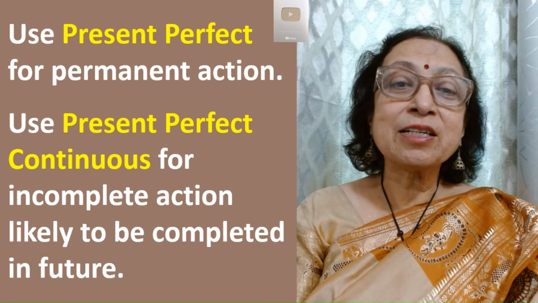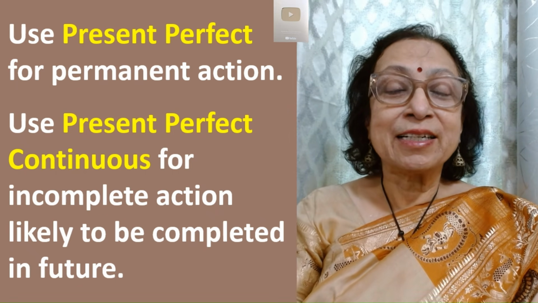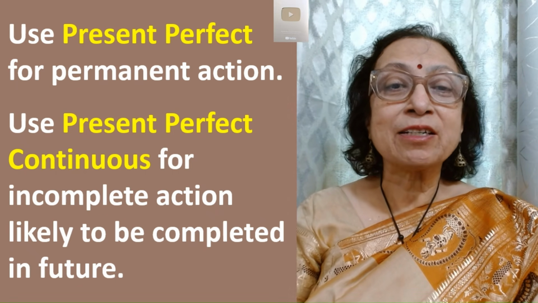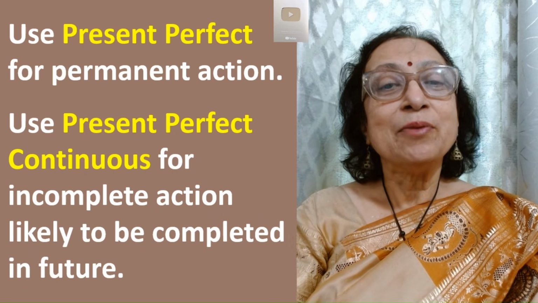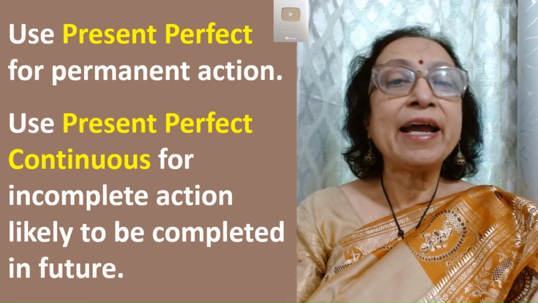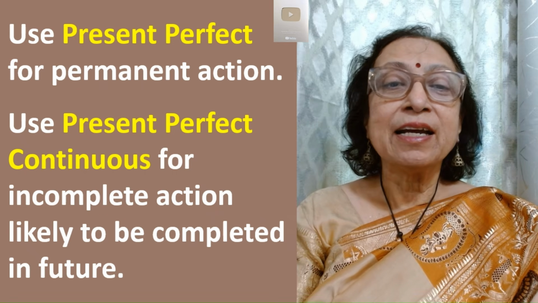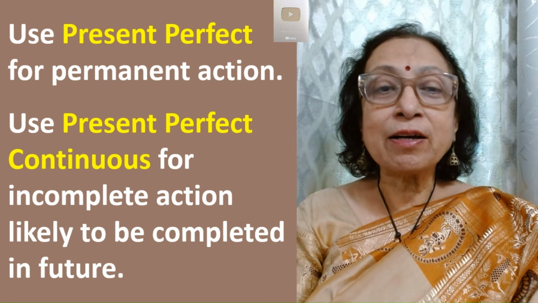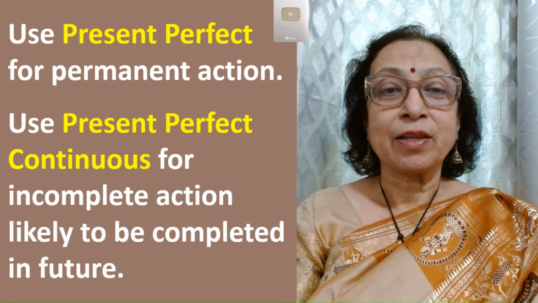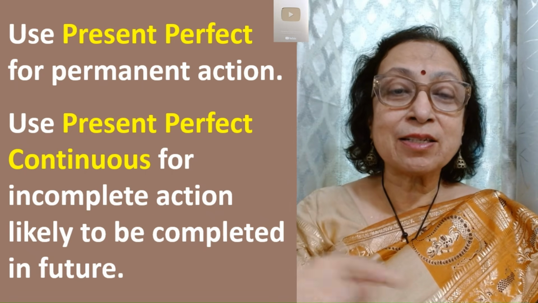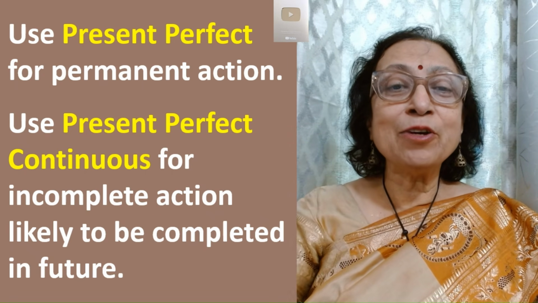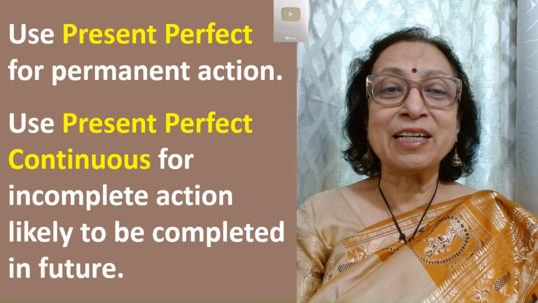Now suppose this is temporary, that means it hasn't become permanent. You haven't completed learning. Then you can say, I have been learning English for the past 6 months. Now this is happening temporarily.